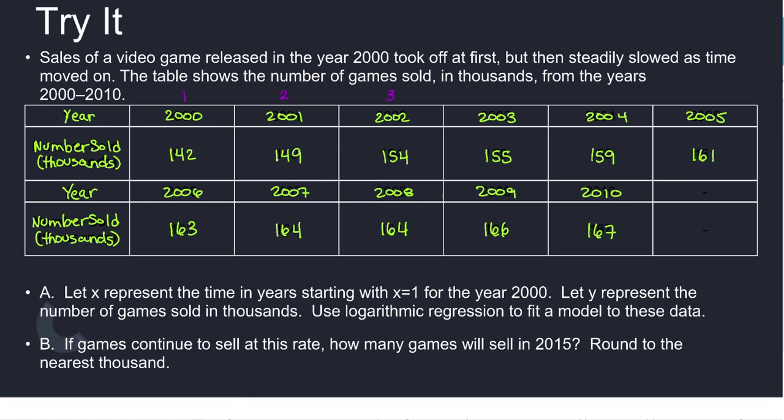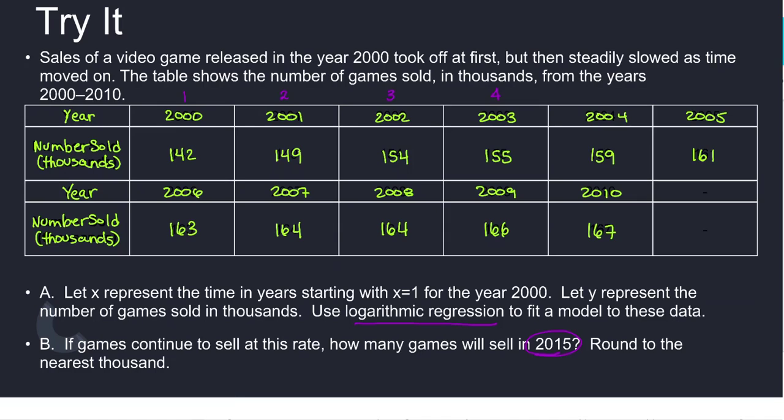We are going to find the logarithmic regression to fit the model to these data. And then if the games were to sell at this rate, how many games would sell in 2015? So pause the video and then come back when you are ready with the data in your calculator.